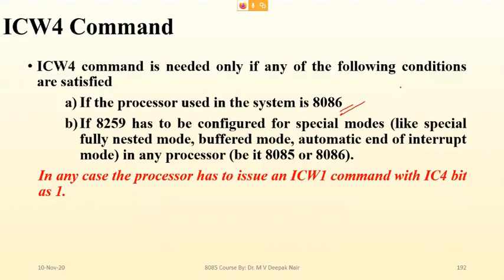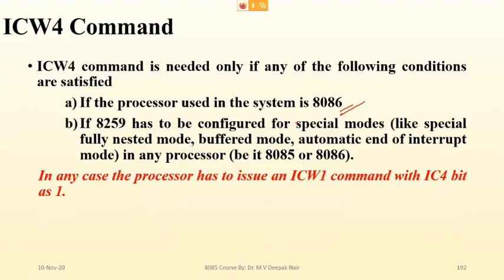Second option, if 8259 has to be configured into some special modes like fully nested mode, buffered mode, automatic end of interrupt mode, and all that. We will come to these modes, what are fully nested mode, buffered mode, or automatic end of interrupt mode, at the end of this particular topic.